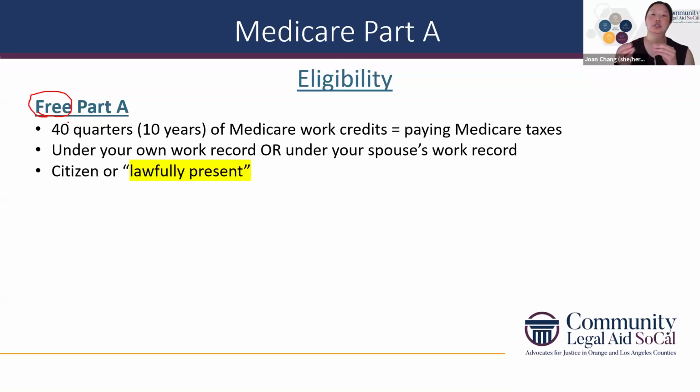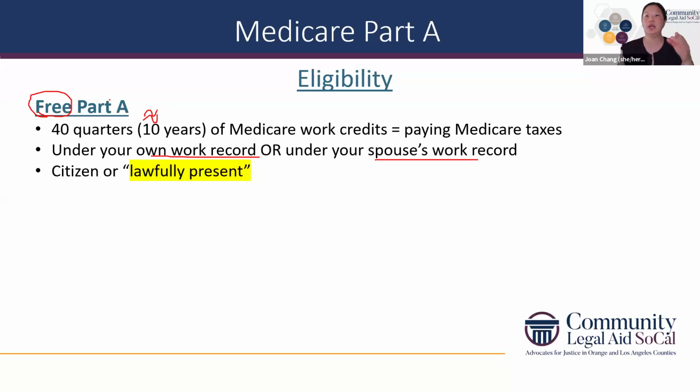That means that the money that you're earning from work is going into the Social Security pot. If you have approximately what they call 40 quarters, which is about 10 years of work, then you will be eligible for Medicare when you're eligible. It can be under your own work history, or it could potentially be under your spouse's work history, okay?